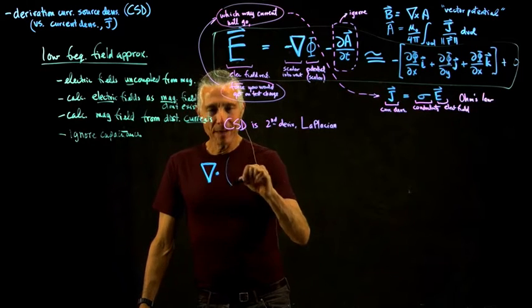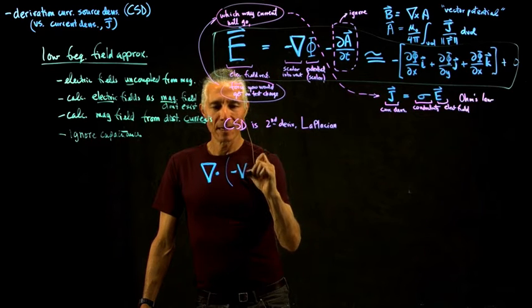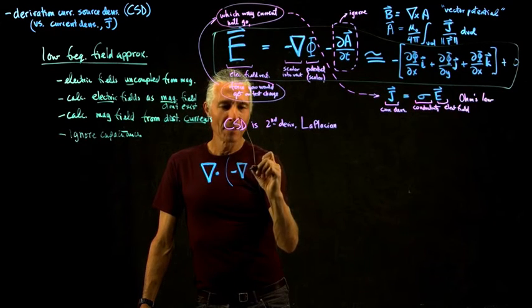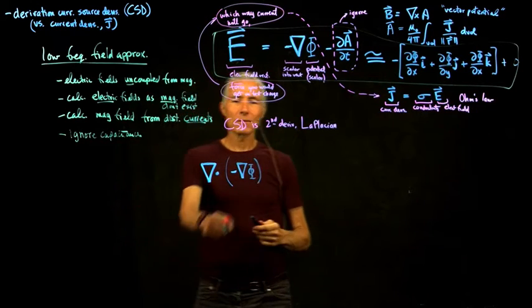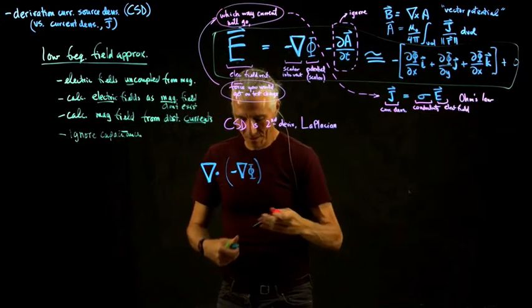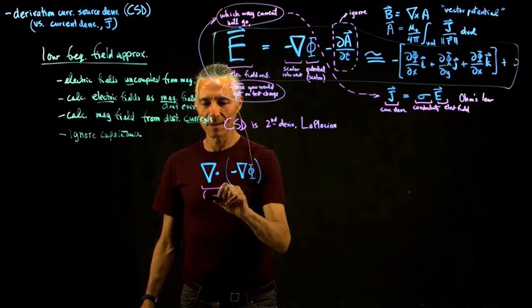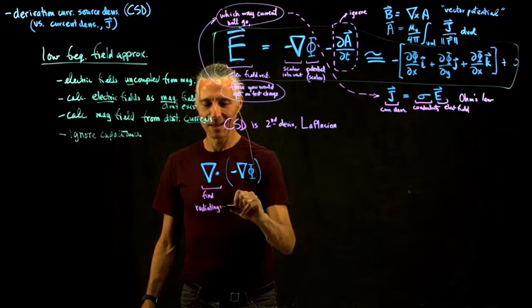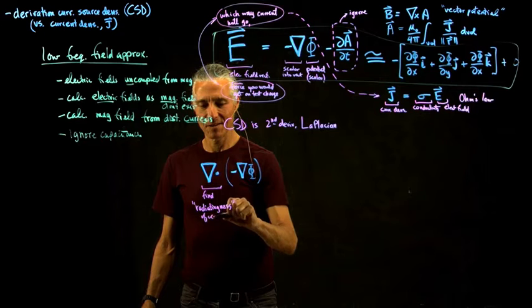And that's operating on this guy right here, minus the gradient of the potential. So this guy is, I'll just say, radiatingness of a vector field at a point.